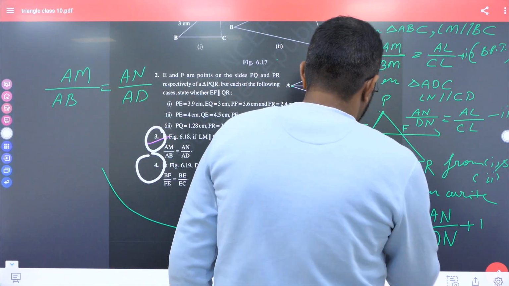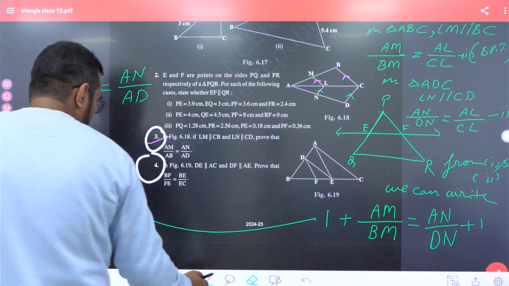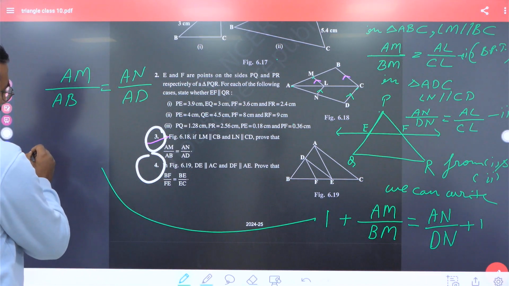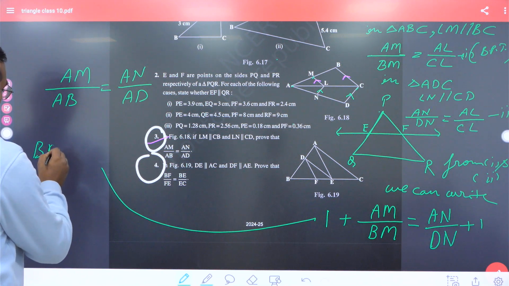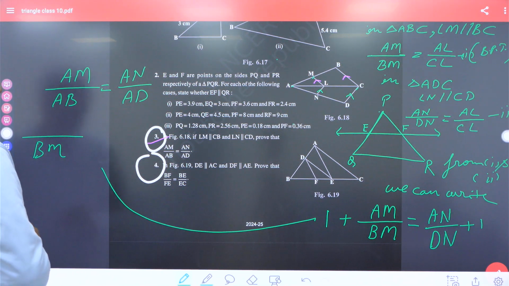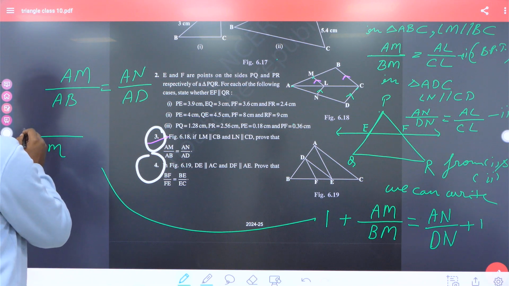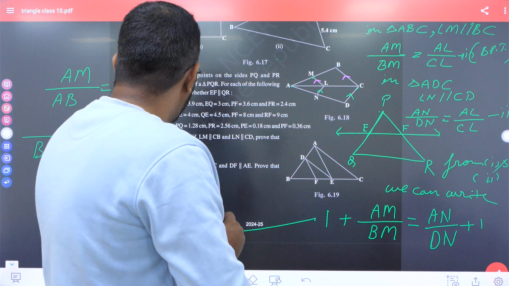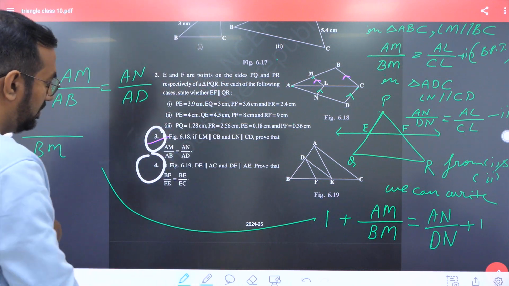By adding 1, BM will be the LCM there, and we will get BM plus AM. What we have to prove is AM upon AB, right?